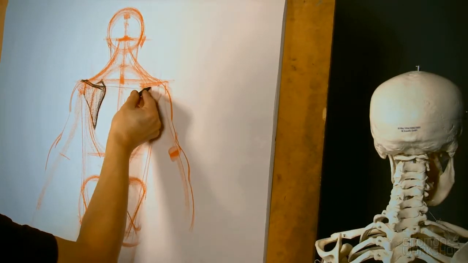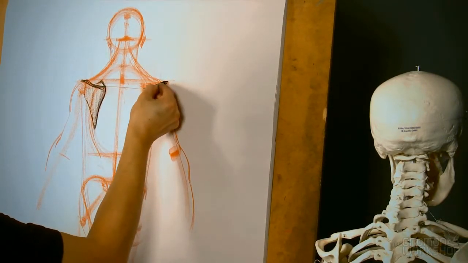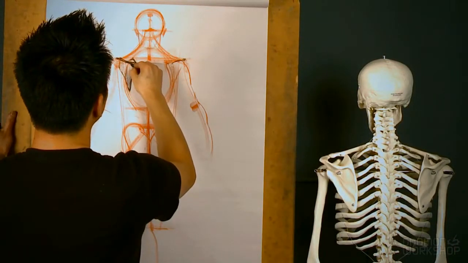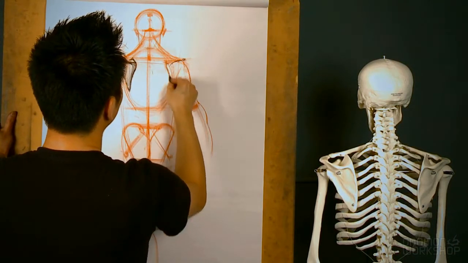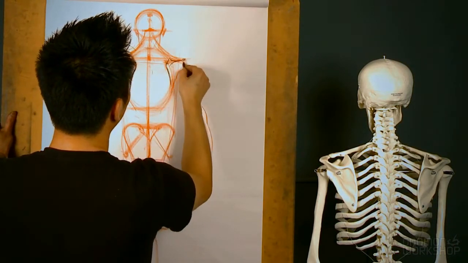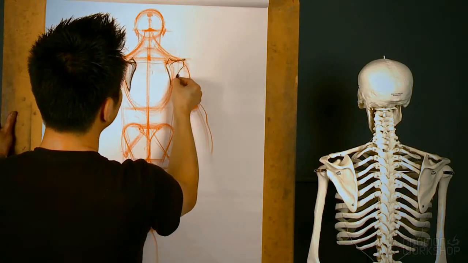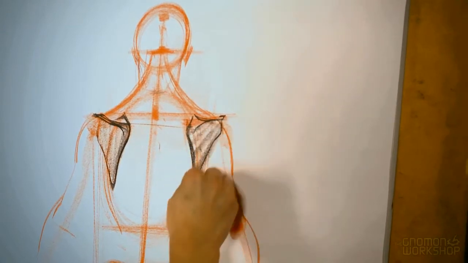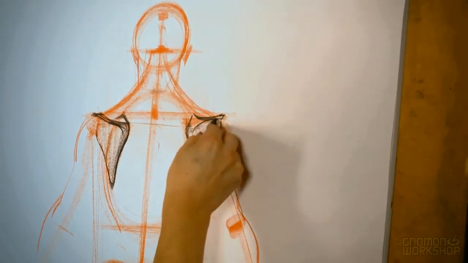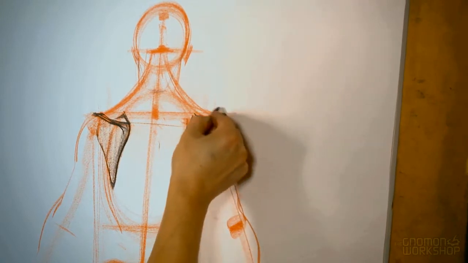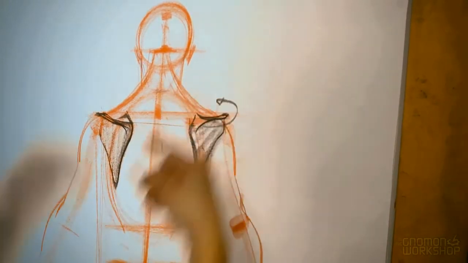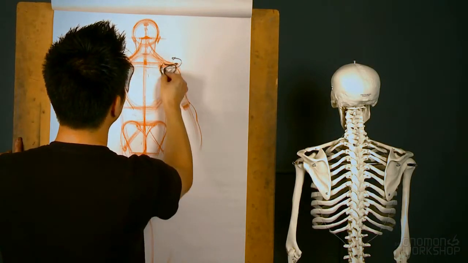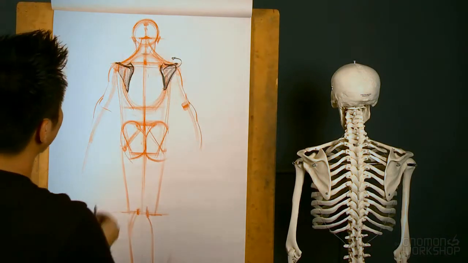This is the spine of the shoulder blade. It's going to thrust forward. You can see on the skeleton it's thrust forward. Like this. It's going to join to the collarbone in the front. Oops, this looks a little small. Like this.